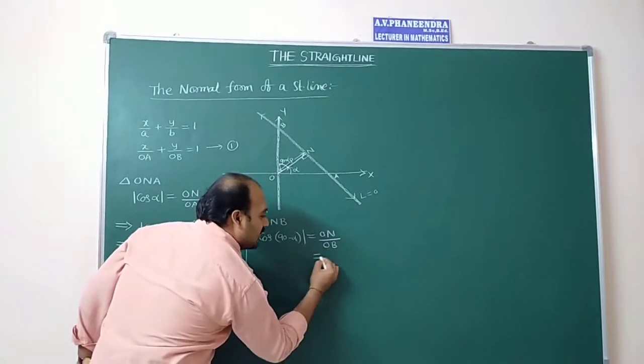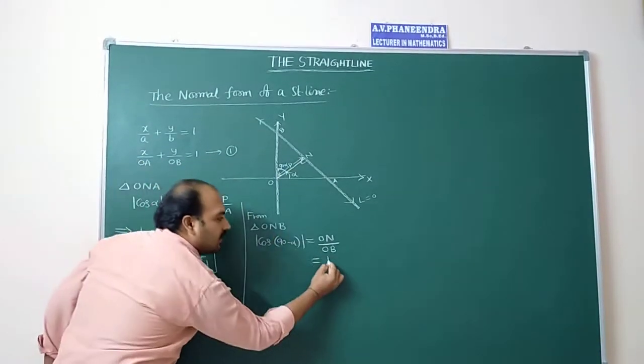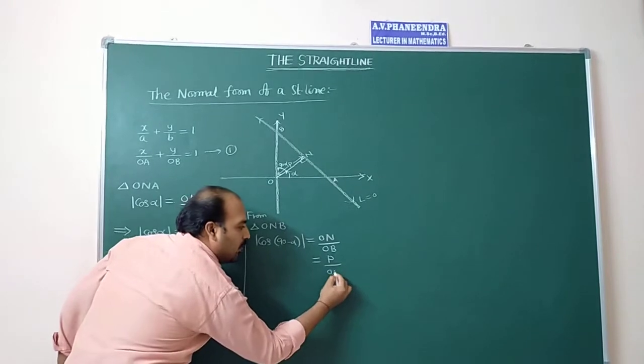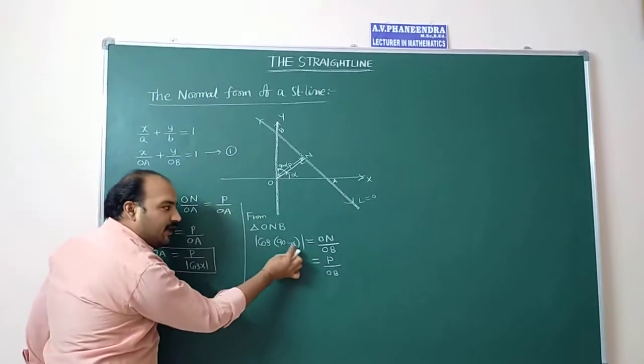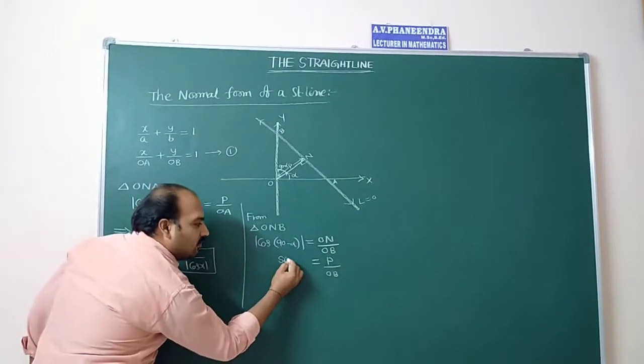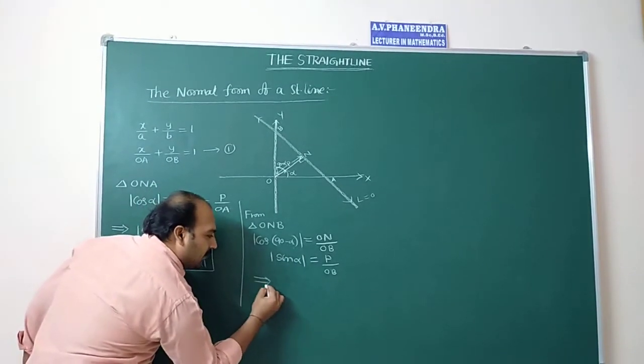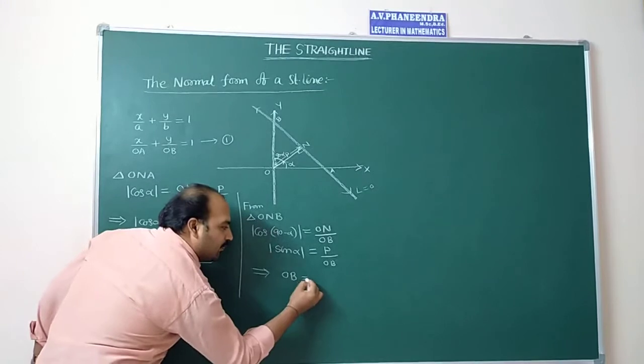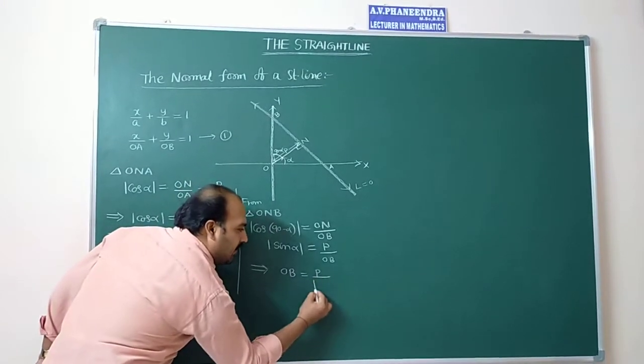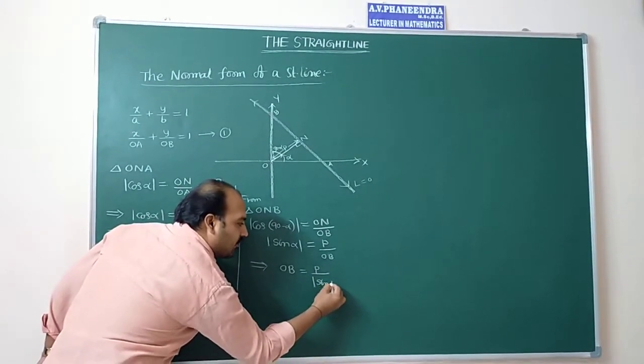We know that ON is equal to P. Cos of 90 minus alpha is sin alpha. Making OB the subject, OB is equal to P divided by mod sin alpha.